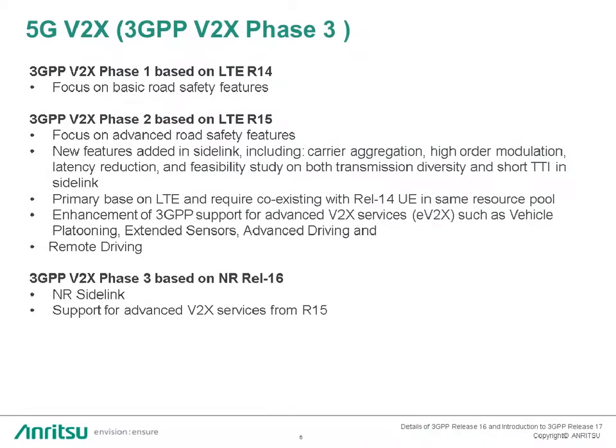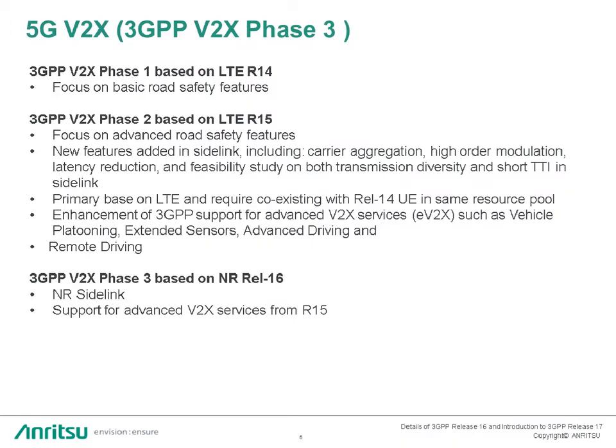The first one is 5G V2X. So just going back into history of V2X. When 3GPP introduced V2X for vehicle communication, it was introduced in release 14, and it was called 3GPP V2X Phase 1, which was focused on basic road safety features.